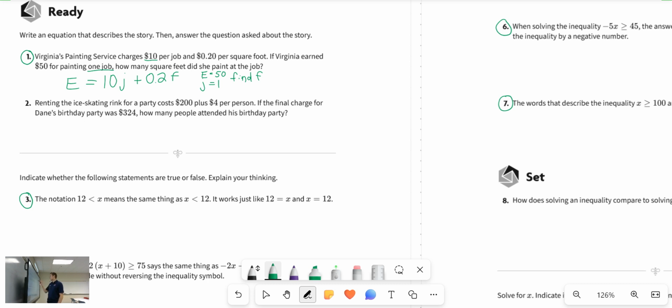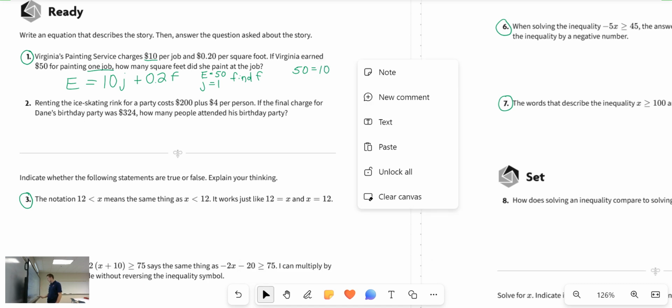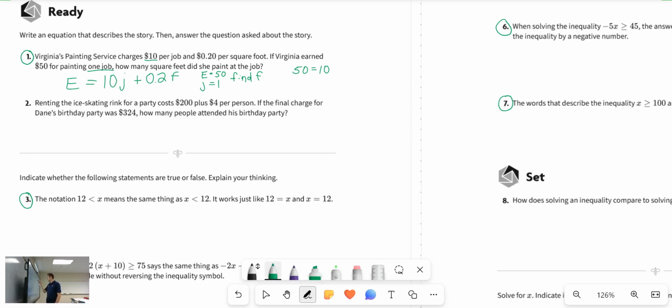So we're going to plug everything else in. So we're going to say 50 equals 10, because 10 times 1 is just 10, plus 0.2F. And now we're just trying to solve for F.